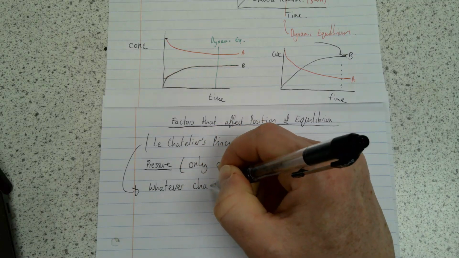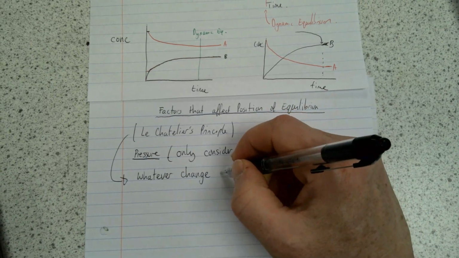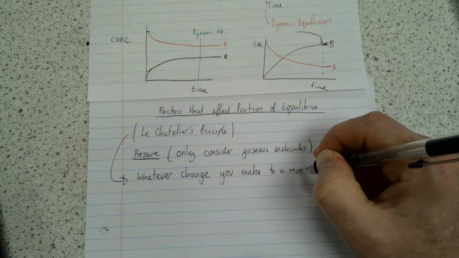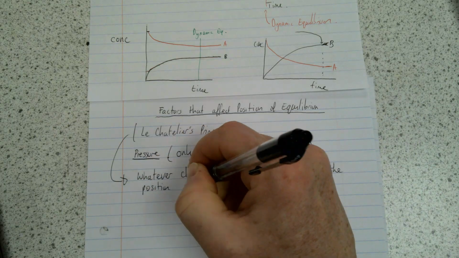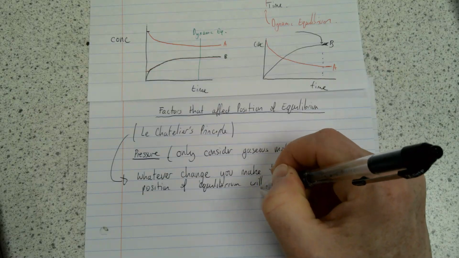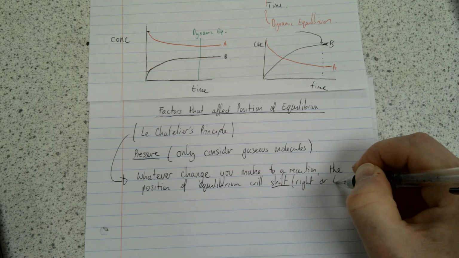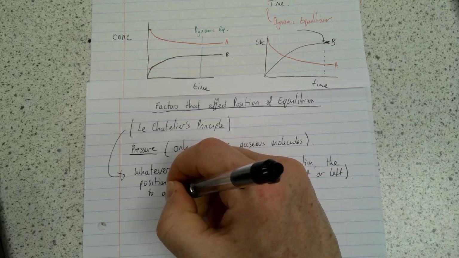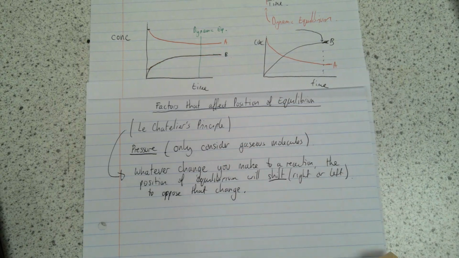Whatever change, sometimes they say words like imparted on the reaction, whatever change you make to a reaction, the position of equilibrium will shift right or left, towards the products or towards the reactants, to oppose that change.